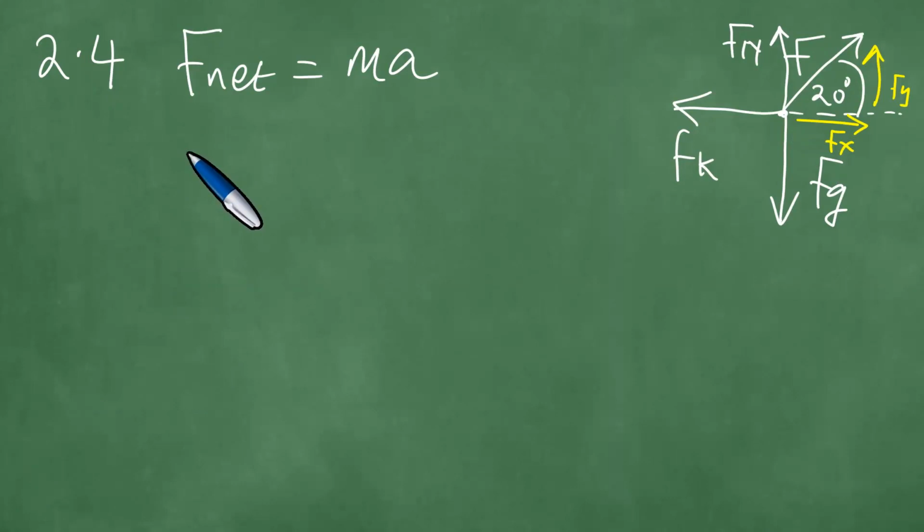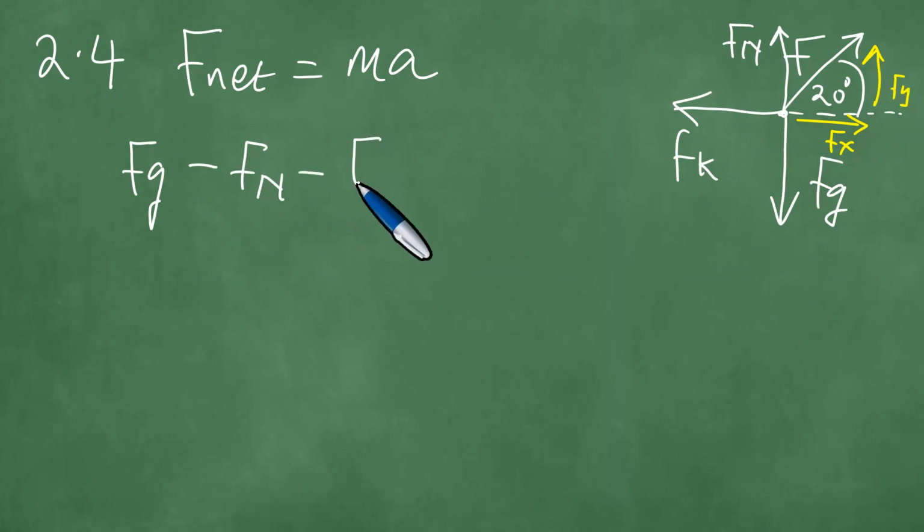So now the forces in the vertical are as follows. So there is force of gravity that is straight down. Okay, and then there's this upward force, which is the normal. And there is also this upward force that is the Fy, F sub y. And then it is the mass times the vertical acceleration, which is 0 because there's no motion up.